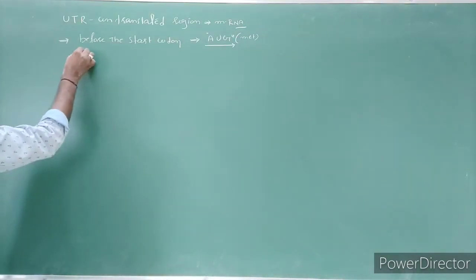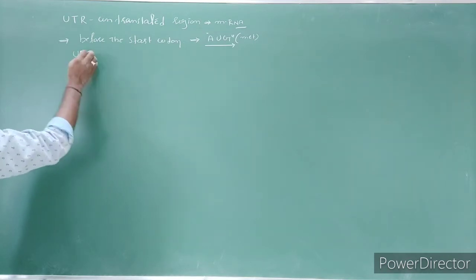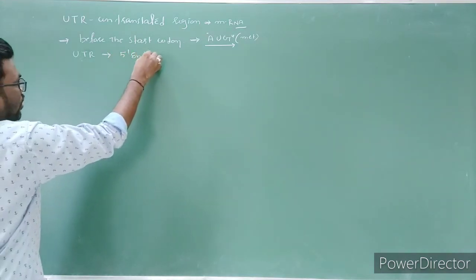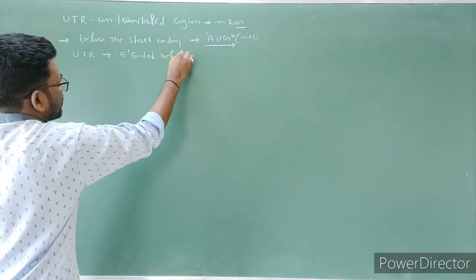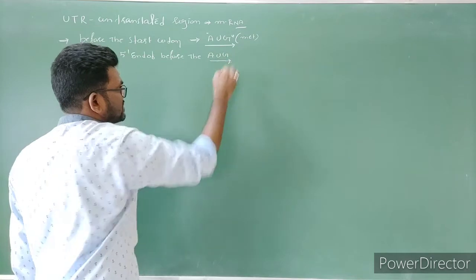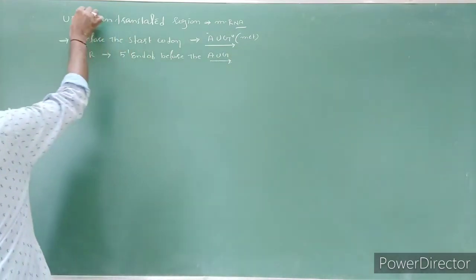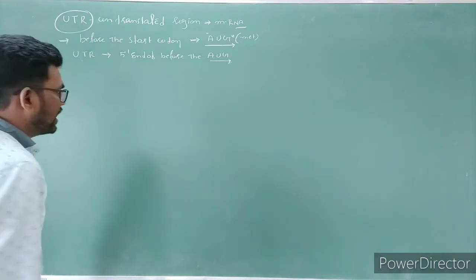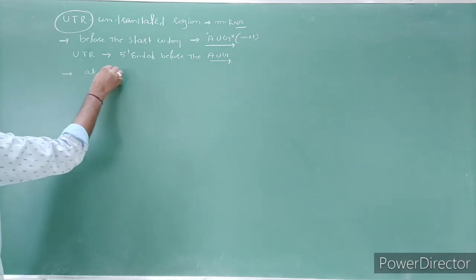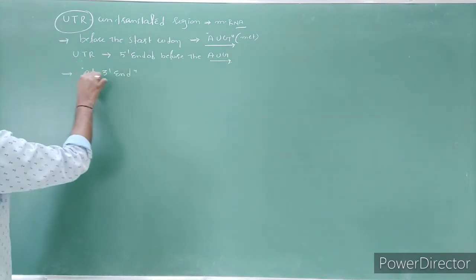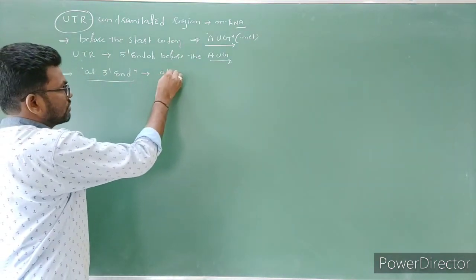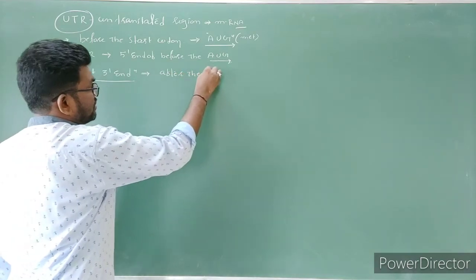Now this UTR sequence is present at the 5' end, before the AUG sequence. Some special sequence is there which is not translated, that is called UTR, first point. And second point, some UTR is also present at the 3' end. So at the 3' end, where are they present? After the stop codon.